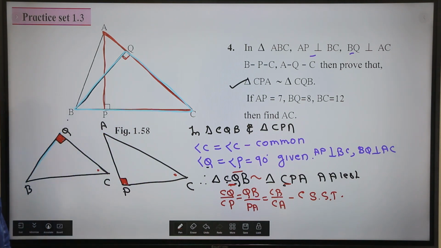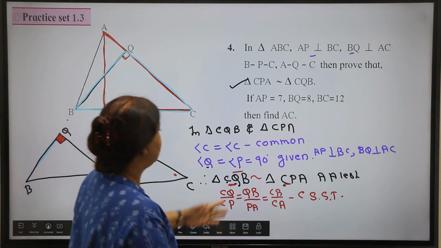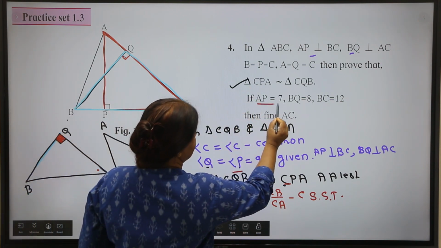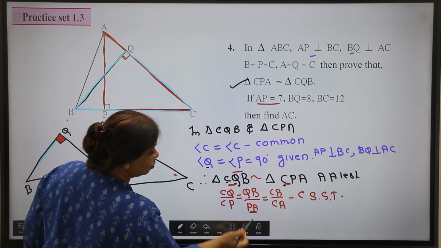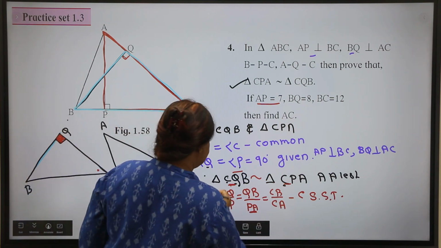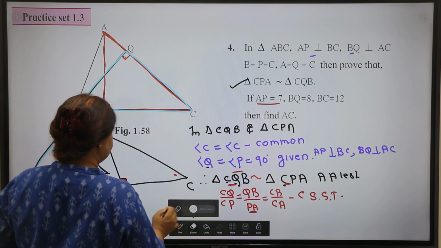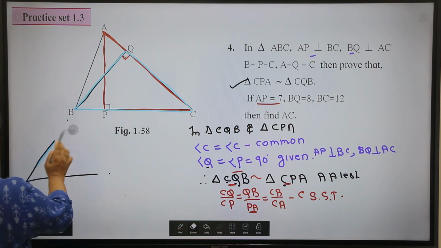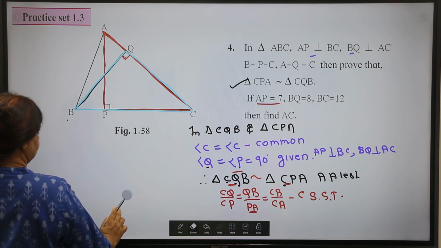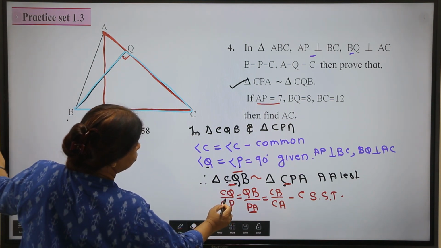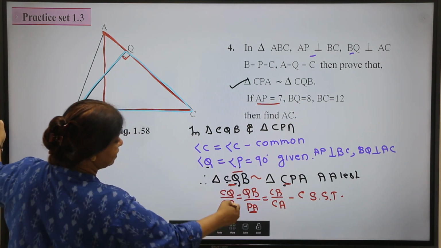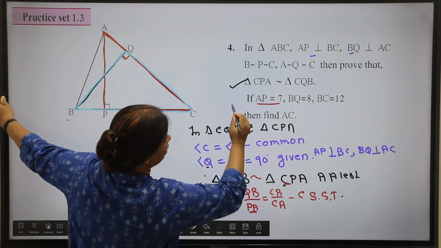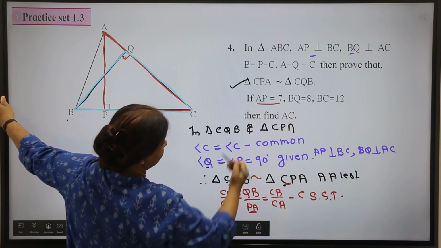If two triangles are similar, corresponding sides will be equal. So now you just place the values. AP is 7, so in place of AP you will write 7. Whatever is given, I will place the value. Here CQ is not given. CP is not given.